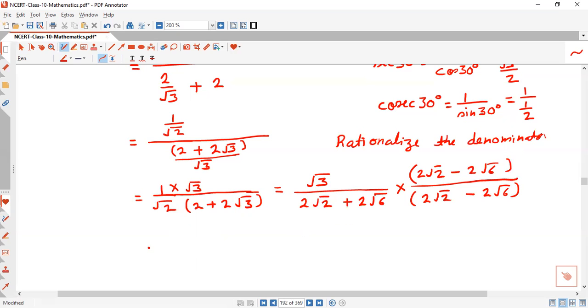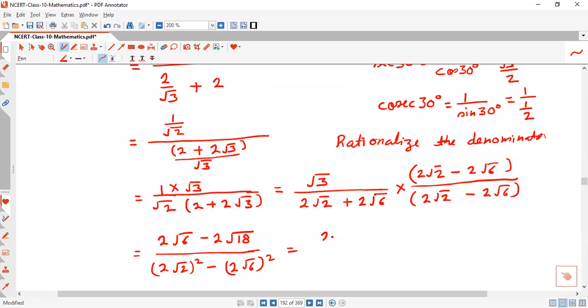Now take the multiplications. Here, 2 times root 6 into 12, that is 18, divided by 2 root 2 squared minus 2 root 6 squared.